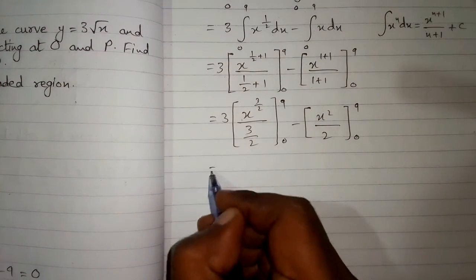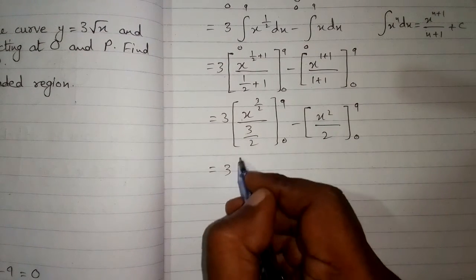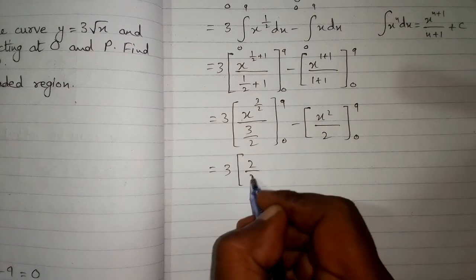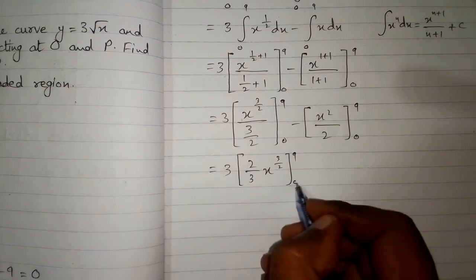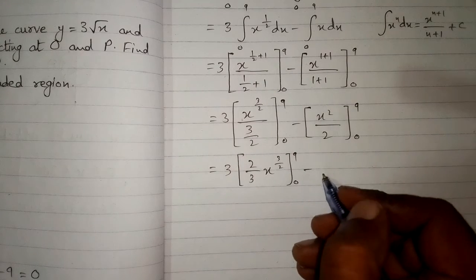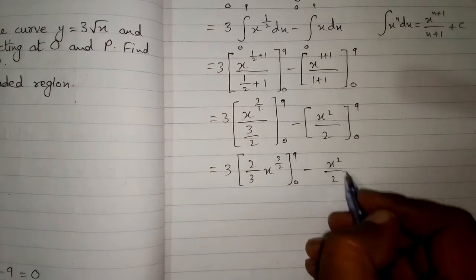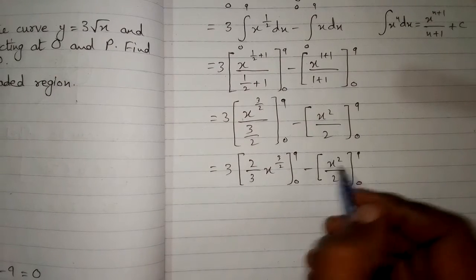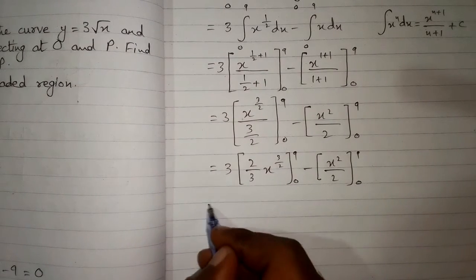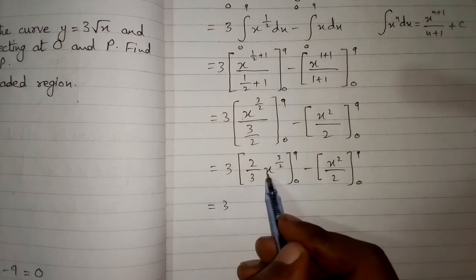Now we have 3 times 2 upon 3, x to the power 3 upon 2, and here we have x square upon 2. Now we apply these limits, so we put these values in place of x.